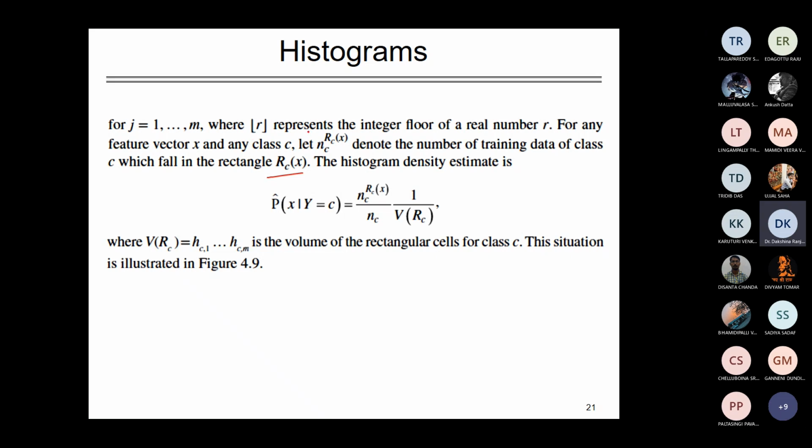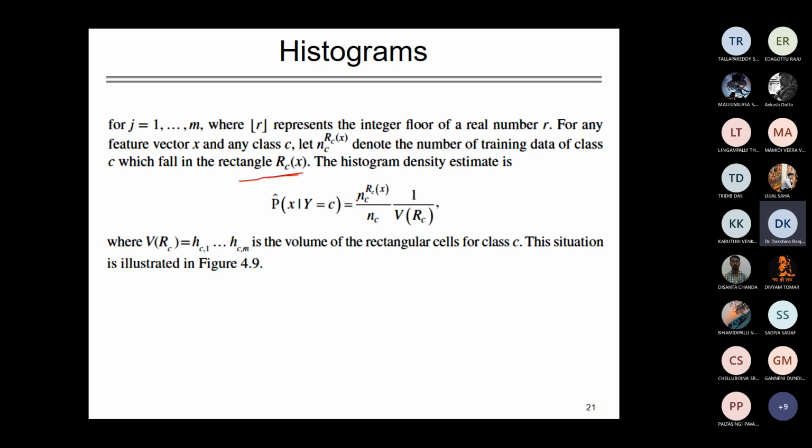Okay, so N_C^{R_C(x)} denotes the number of training data for a particular class C that fall in the defined rectangle R_C of feature vector x. Now, how do we estimate the histogram density?